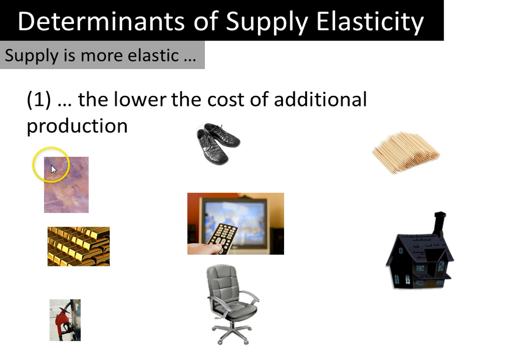Why is it hard to increase the supply of the first set of goods? Well, there are only so many Picasso paintings in the world. Picasso is now dead, so the only way you can increase the supply of his paintings is by offering an extremely high price to the current owners of the existing paintings. And even beyond a certain quantity, that's not possible.